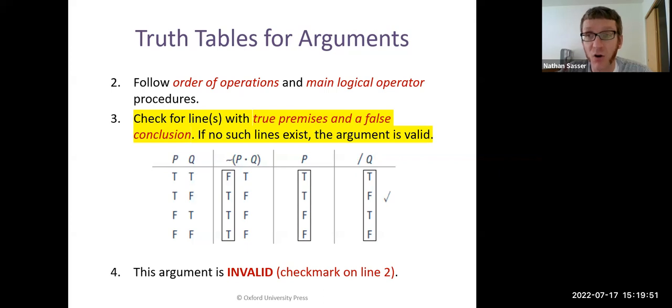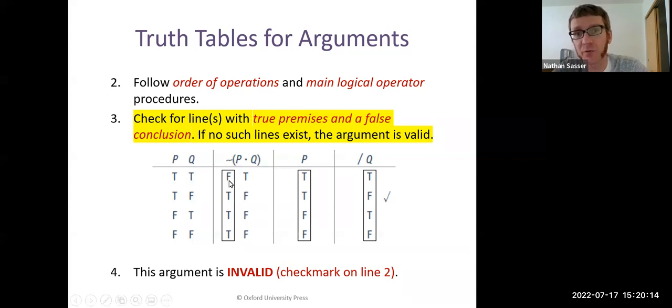Now, if there are any such lines, one or more of them, then that argument is not valid. But if there are no lines where the premises are true and the conclusion is false, then that argument is valid.